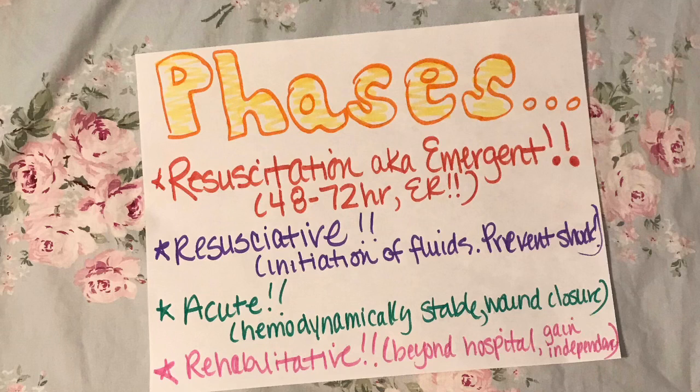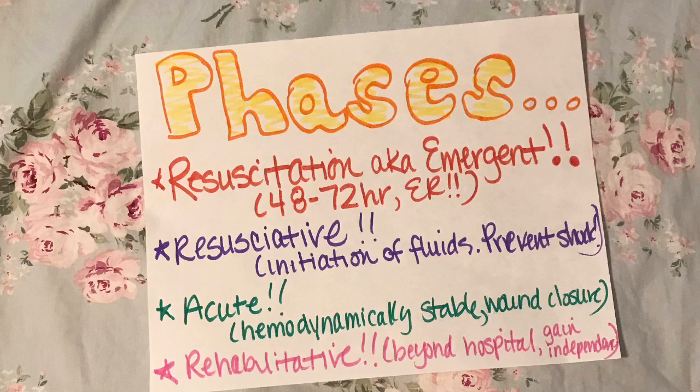Next, we go into the resuscitative stage. Hate these words. So this is where we're going to have the initiation of the fluids, and we are going to do our best to prevent shock. We're going to want to make sure that we have adequate circulating blood volume, and again, maintaining vital organ perfusion.